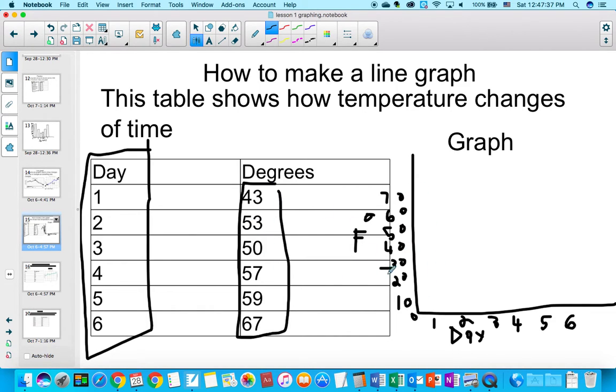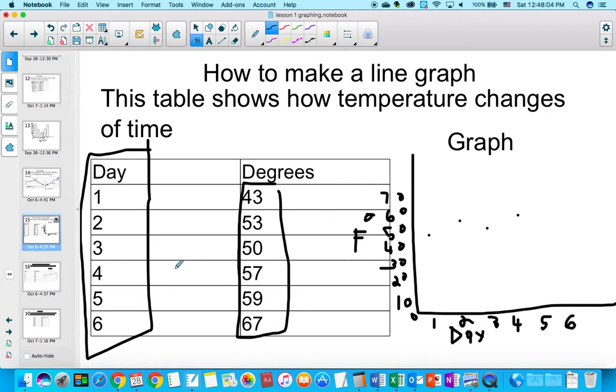Right? So the first day is around 43, so I'll go right here. And then day 2 is around 53, so I'll go a little bit higher. Right? Well, that's too high. And then we have 50, which is a bit lower. And then we have 57, so it's a bit closer, just a bit higher there.